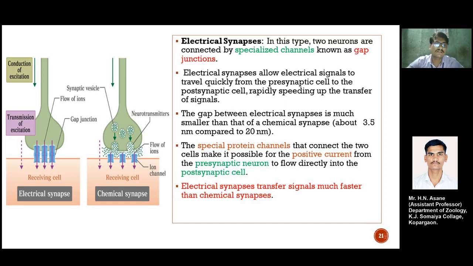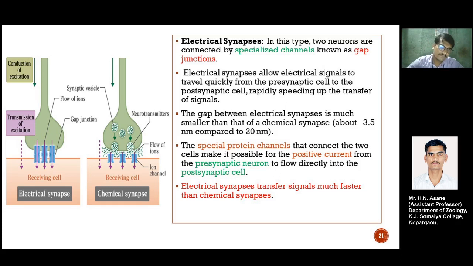In the chemical synapse, they trigger the neurotransmitters, which are released by vesicles and diffuse across the membrane. The neurotransmitters bind to receptors, the voltage-gated channels open, and the impulse is passed on by means of the chemical synapse.